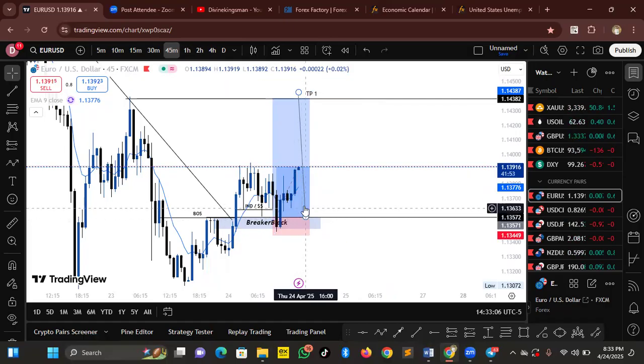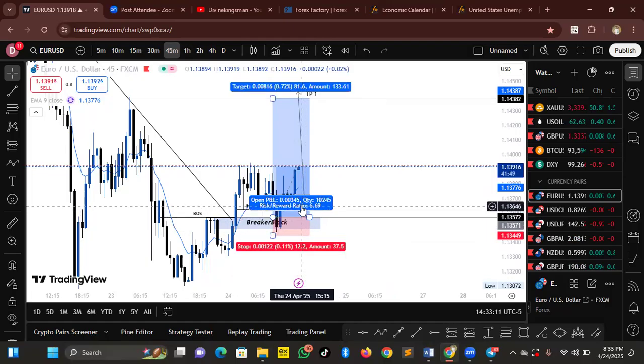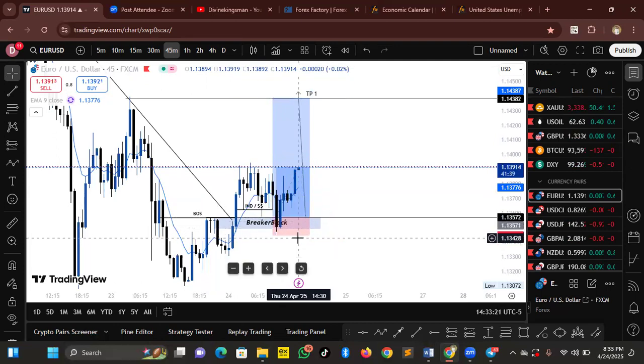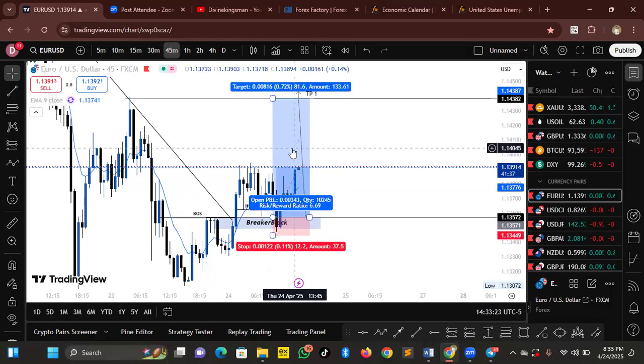Let's say I'm risking $10 here. My risk to reward ratio is 6 times, which means what I want to make as take profit is 6 times my loss. So if this hits my stop loss, I'm going to lose $10. But if it hits my take profit, I'm making $60 plus. So you can see the risk to reward ratio now is very, very good.